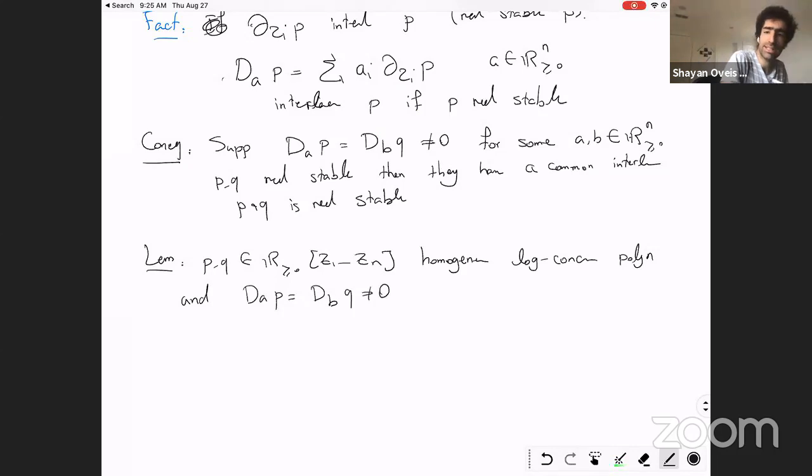By not equal to 0, I mean that it's not a zero polynomial, for A and B in R^n. Then P plus Q is log concave.